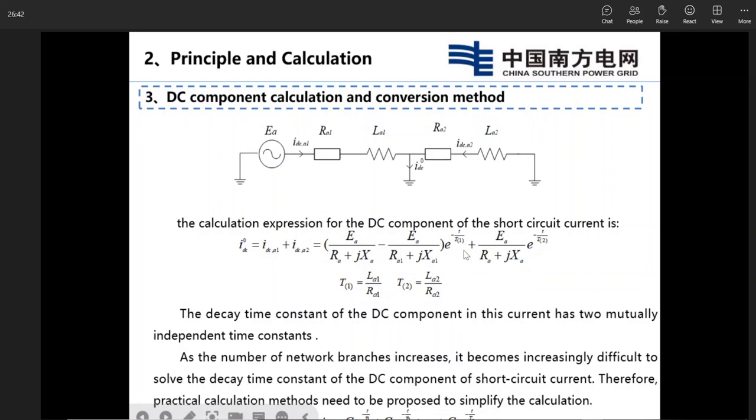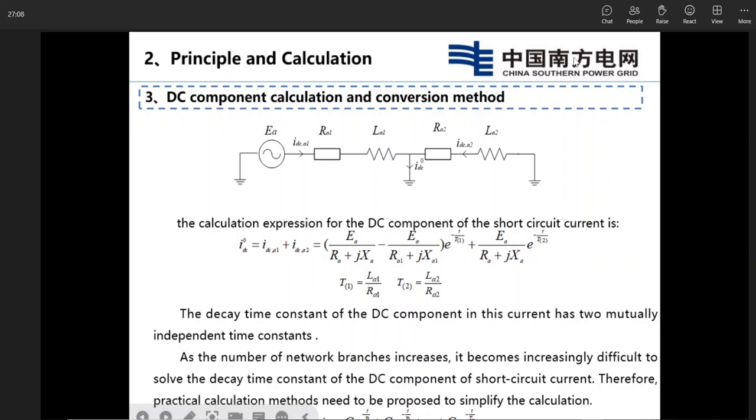So we can see the decay time constant of the DC component in this current has two independent time constants. If it's not a two-branch circuit, but a big network with a lot of branches, it becomes increasingly difficult to solve the decay time constant.